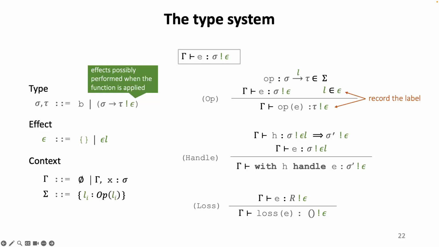On the other hand, when we handle an expression using a handler, the handler can eliminate one effect label from the effect information of the expression. So if E has effect epsilon, L, then after E is handled, the effect left is just epsilon. And the loss operation takes a real number, which is E, and itself just returns a unit because its job is just to record this loss information, and it has whatever effect that this E says it has.